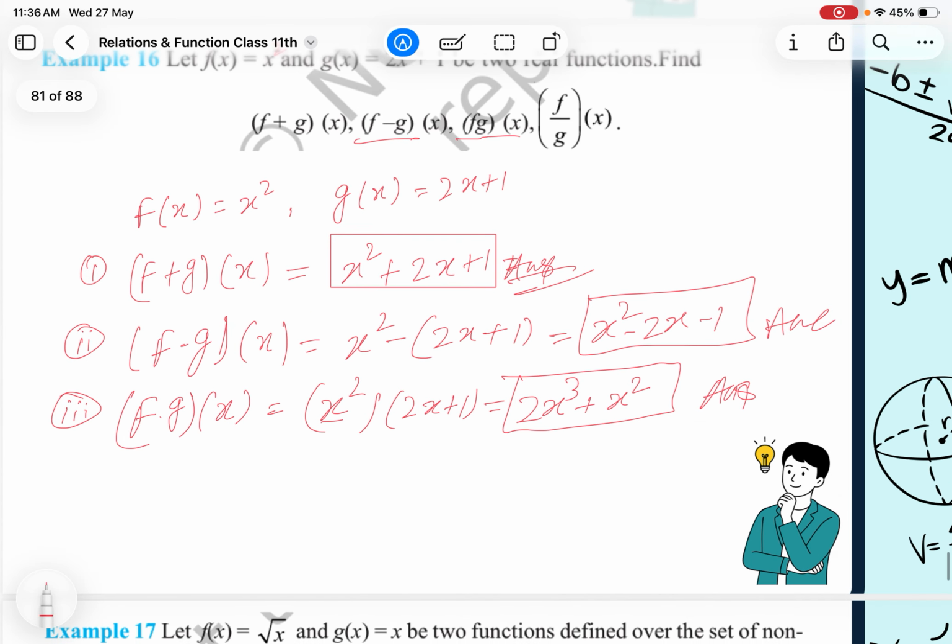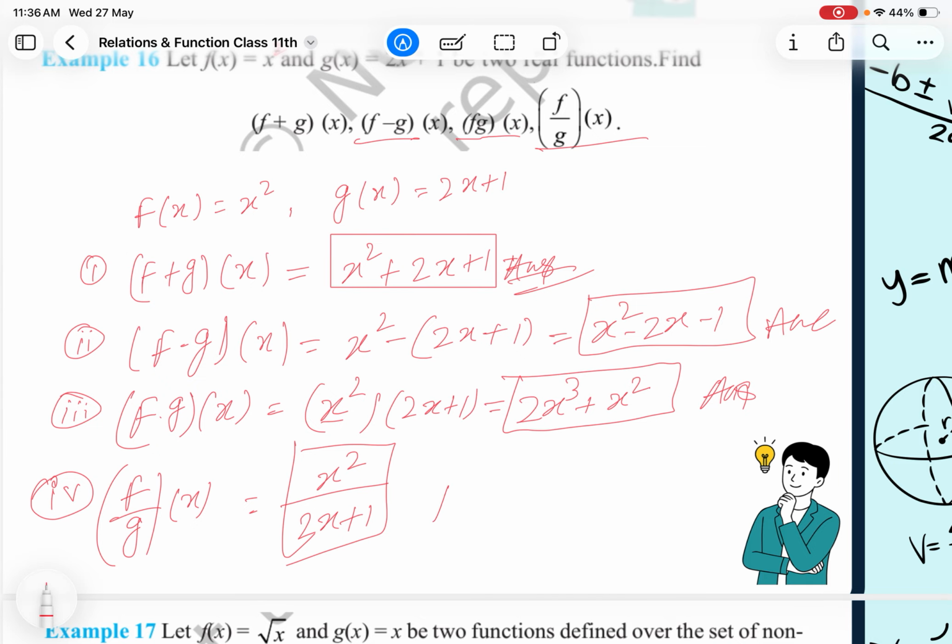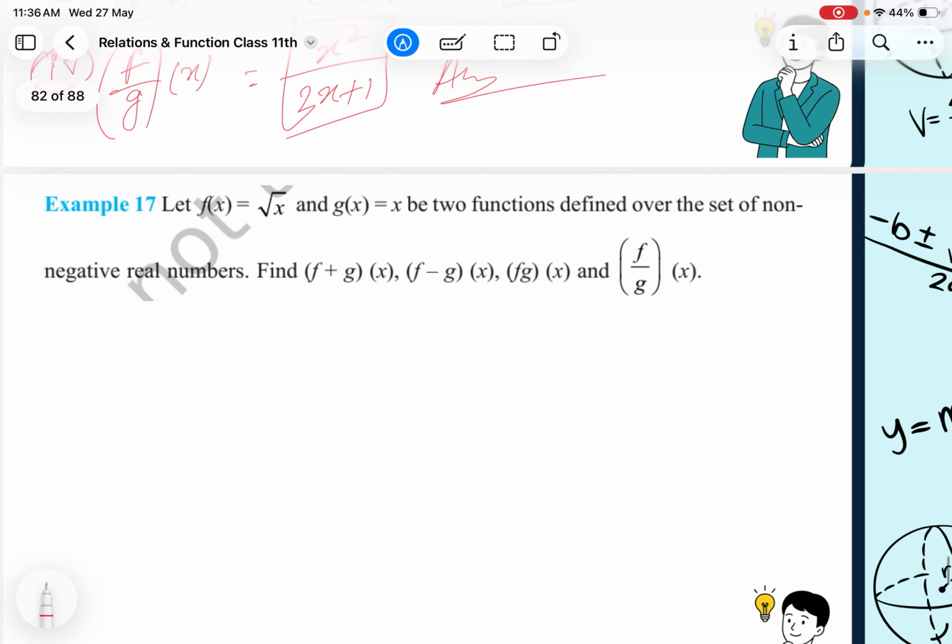Now the fourth one, (f by g)(x). So we have x square by 2x plus 1, and this is the answer, right? So I hope you have understood this. This is example 17. If you want, you can try it on your own. We have to do the same thing here also, right?